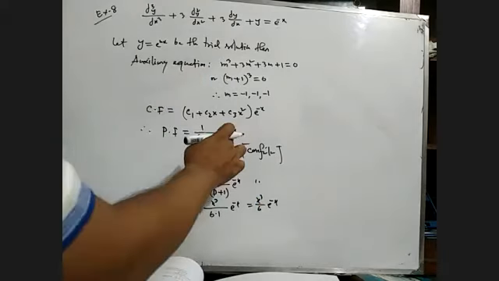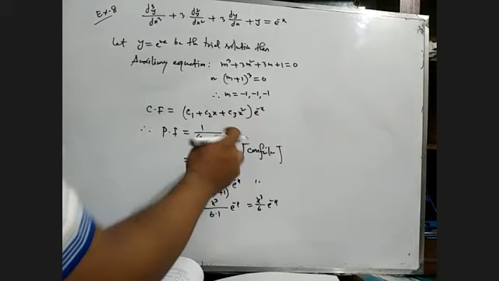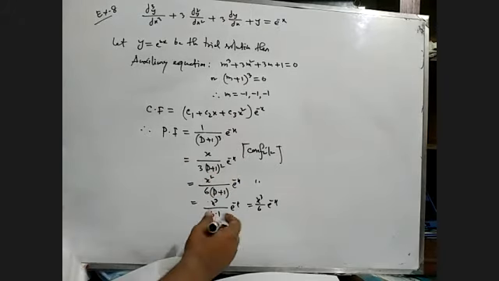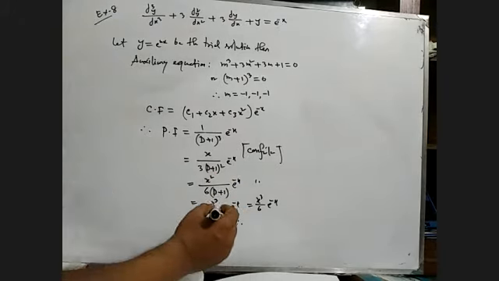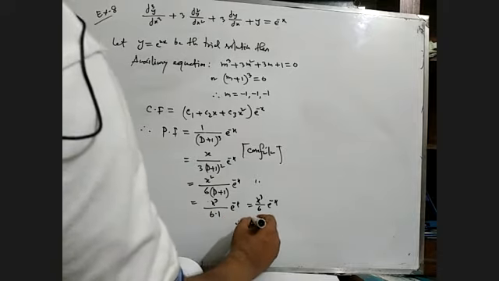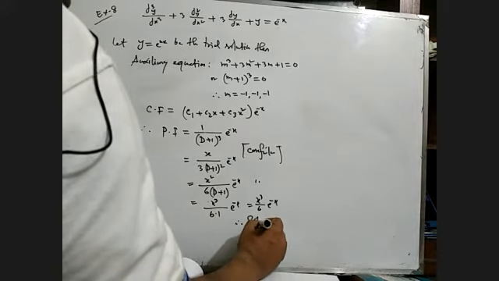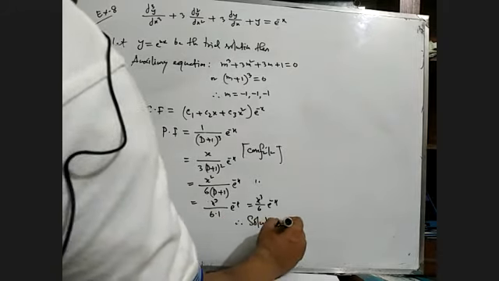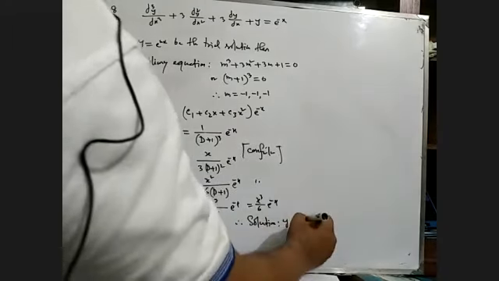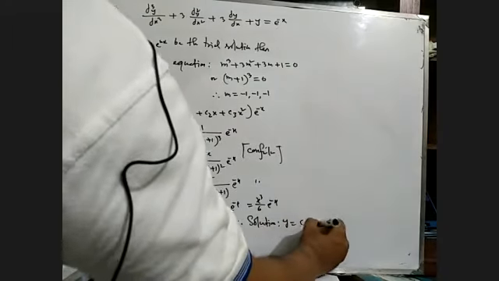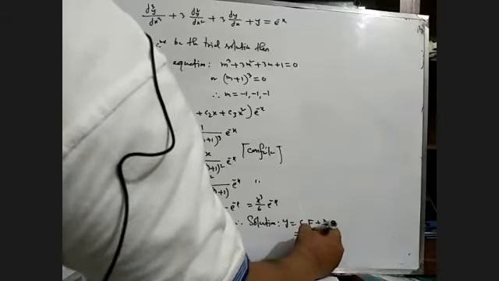So in case of case failure of the exponential function, we can proceed in this way. So the complete solution will be y equals complementary function plus particular integral.